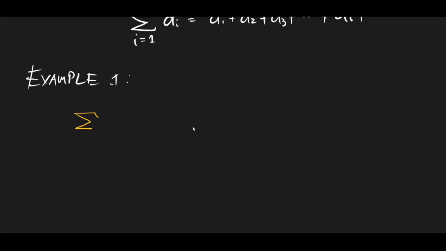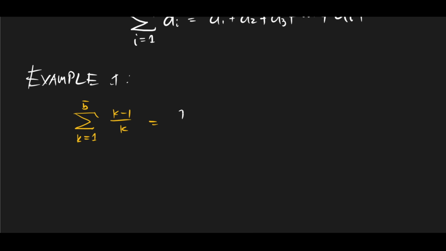We have the sum from k equals 1 to 5 of (k minus 1) over k. This is in summation notation, and if we expand this, it is a finite series. Why? Because we have an upper bound, which is 5. If it were an infinite series, there should be infinity there. Let's evaluate this.